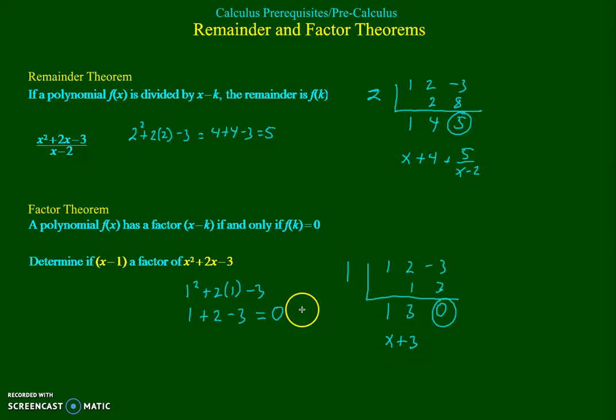So we know that x plus 3 and x minus 1 are factors of this. Remember, up to this point, most of what we've been dealing with has been factorization, and this is just another tool that you learned in the past to help you through with that. So this is the remainder and factor theorems.